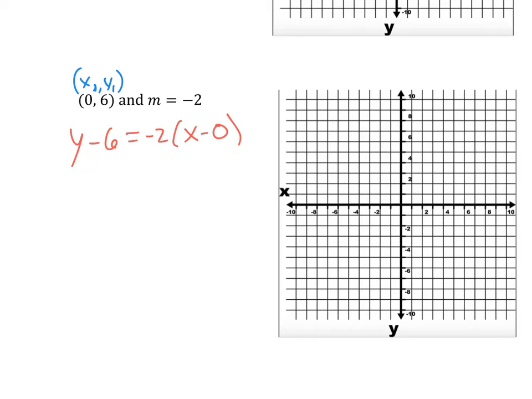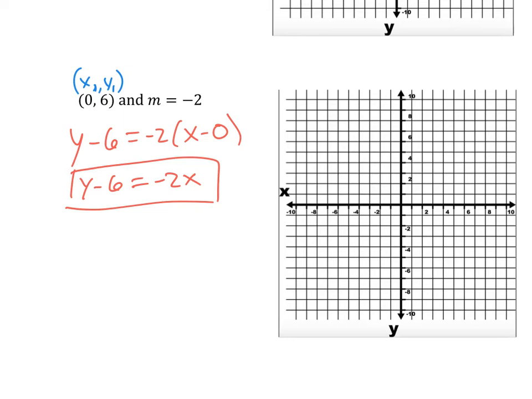Then here we can simplify this a little bit, because x minus 0 is just x. So this is y minus 6 equals negative 2x. So this is our equation of our line in point-slope form.